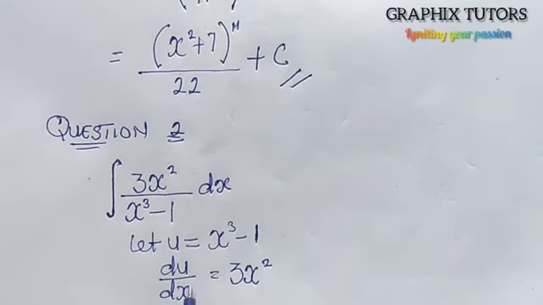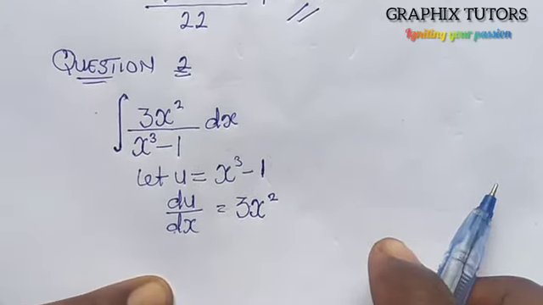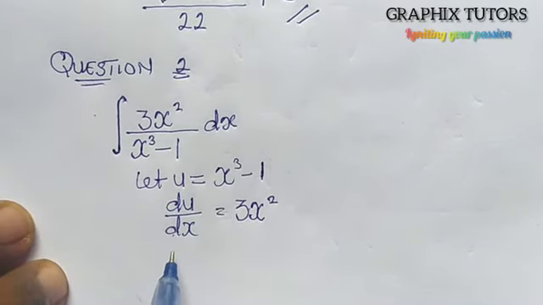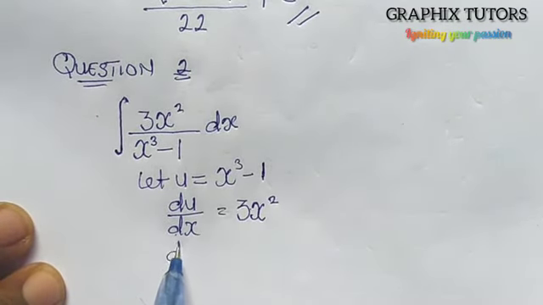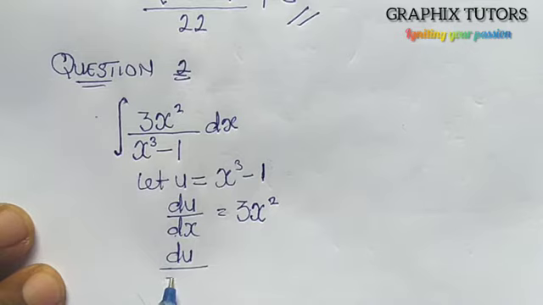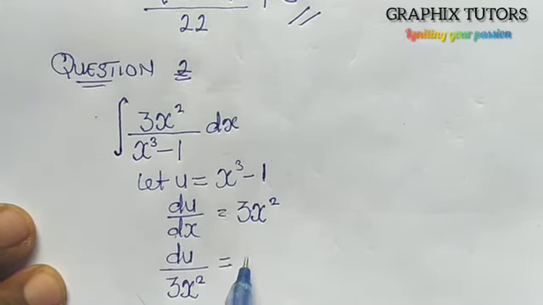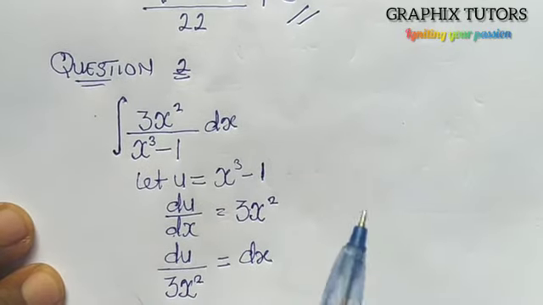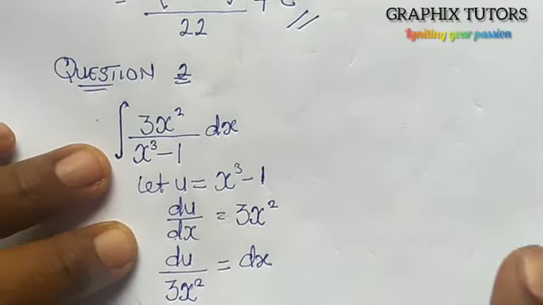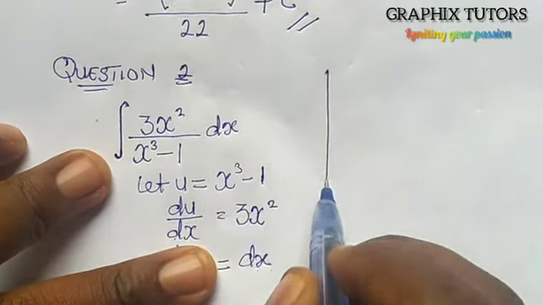Now if I take my dx to this point and my 3x squared here, I'm going to have du all over 3x squared equals dx.